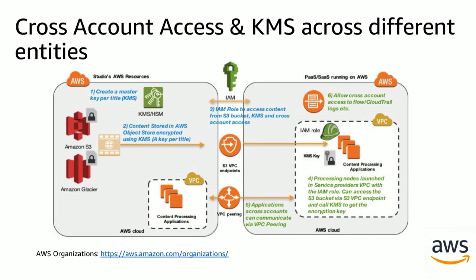So just imagine a content owner having their content sitting in an object store like S3, which is fully encrypted using KMS, and then an outsider, like a third party, trying to access that content. So you give them one-time credential or one-time access to go and read that piece of content. Okay, fine, they read that content, but it's all encrypted. So they need to go and request a data key to decrypt that content to actually make sense of it, and you can accomplish it through identity and access management through cross-account assume role.